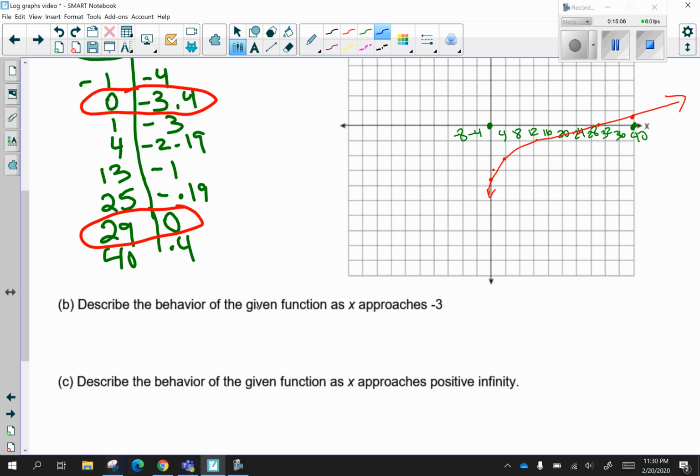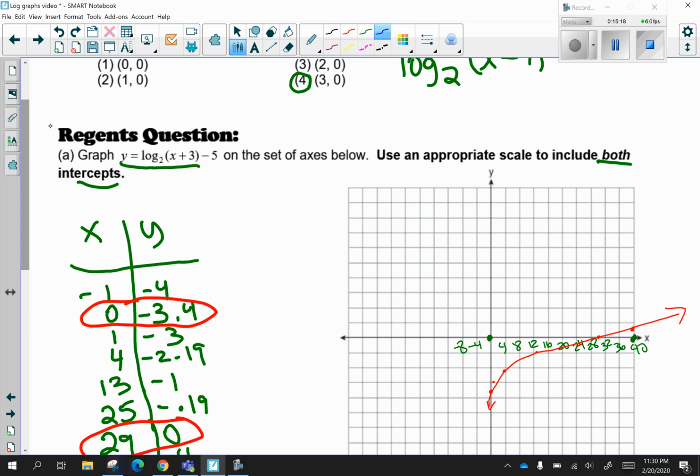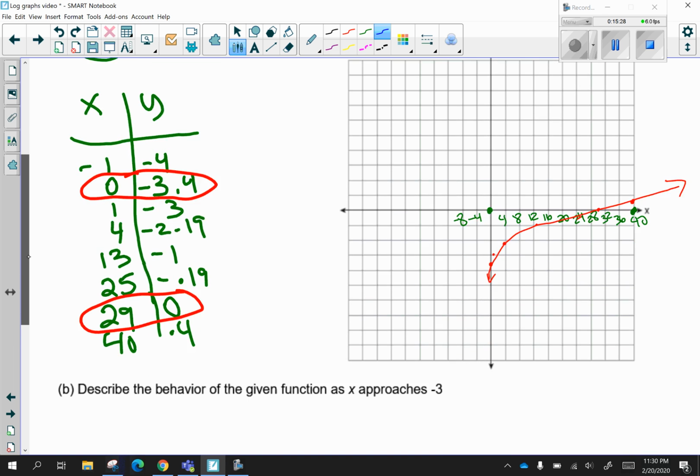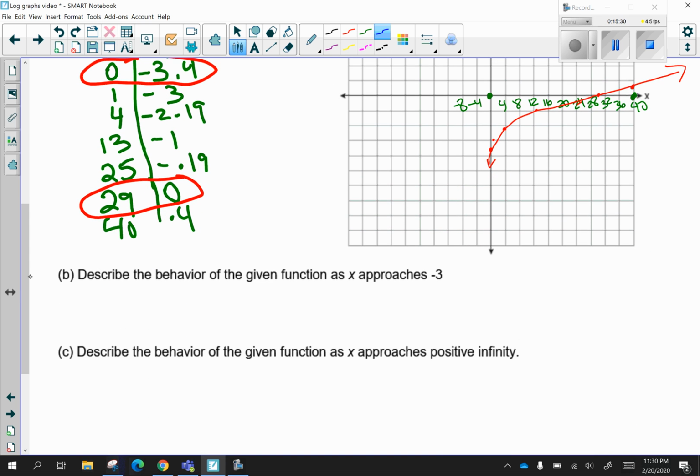Describe the behavior of the given function as x approaches -3. Well, you see your graph starts to go down, and if you look in your calculator, you'll see there's an error. Again, that's because this is shifting to the left by 3, my inside change. So we know log base 2 of x has a vertical asymptote at x equals 0.